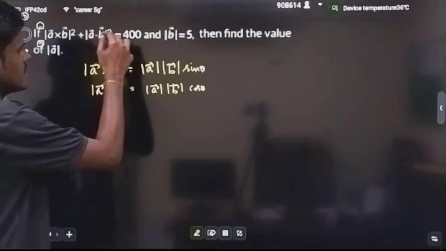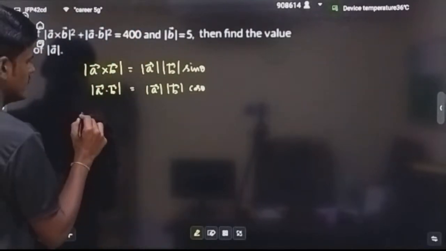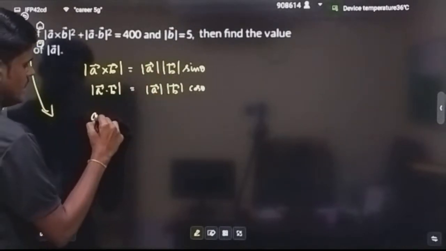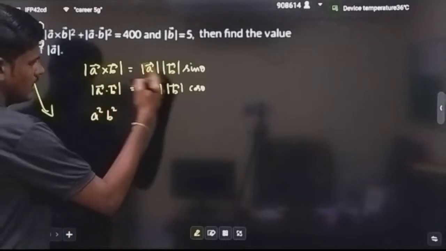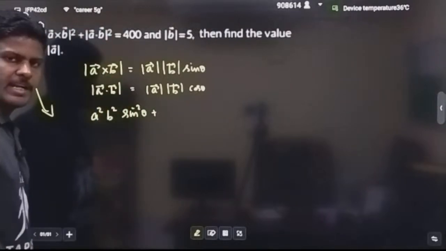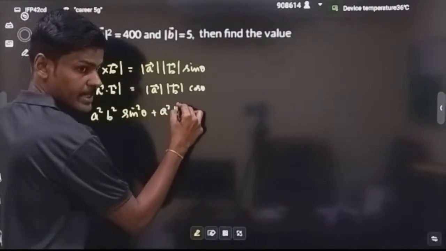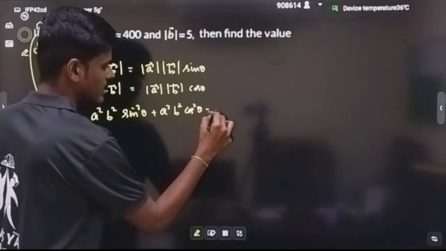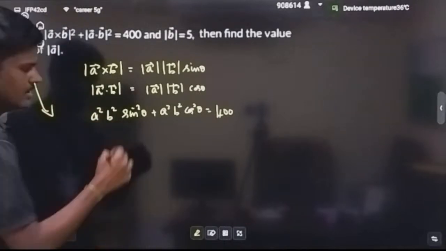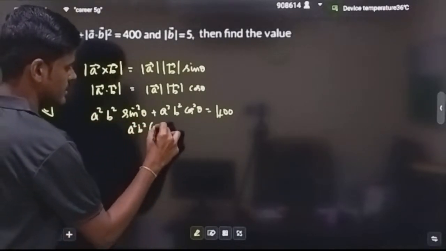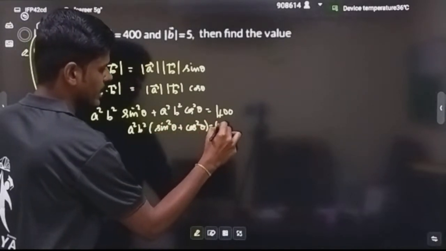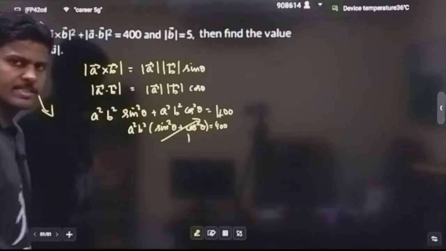Modulus a cross b whole square plus a dot b whole square equal to 400, which means by using this condition we get a cross b whole square will be a square b square sin square theta plus again a square b square cos square theta equal to 400. a square b square is common, so this is a square b square into sin square theta plus cos square theta equal to 400, where sin square theta plus cos square theta is 1.